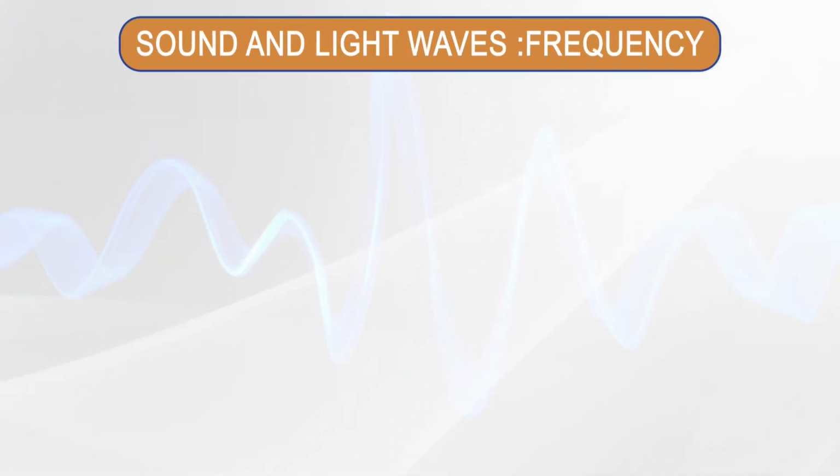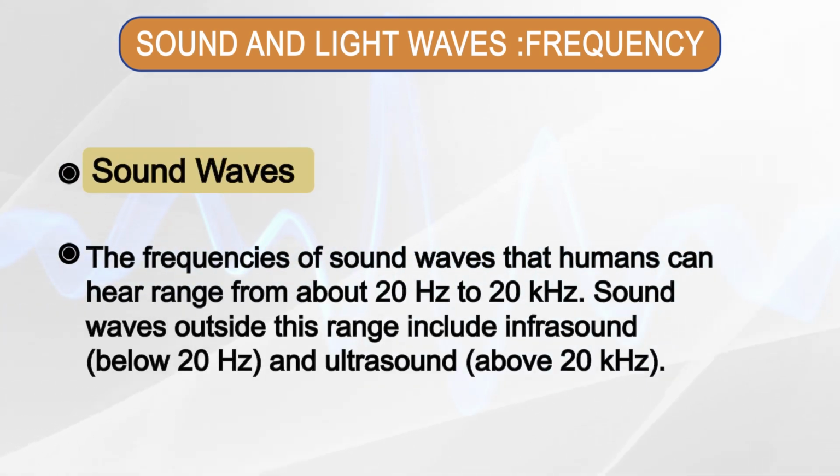Then the frequency range. The frequency of sound waves that humans can hear ranges over the audible range, that is 20 hertz to 20 kilohertz. Sound waves outside this audible range include infrasound, which is below 20 hertz, and ultrasound, which is above 20 kilohertz.